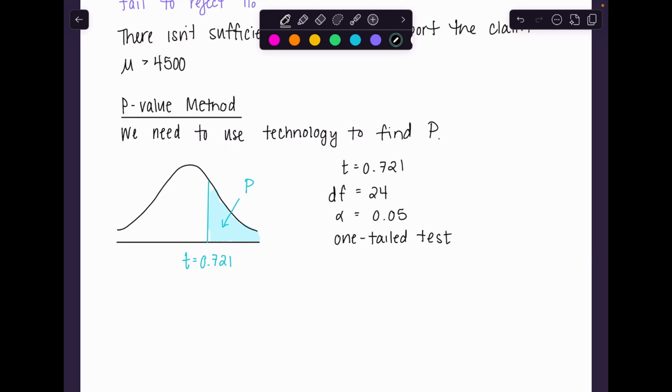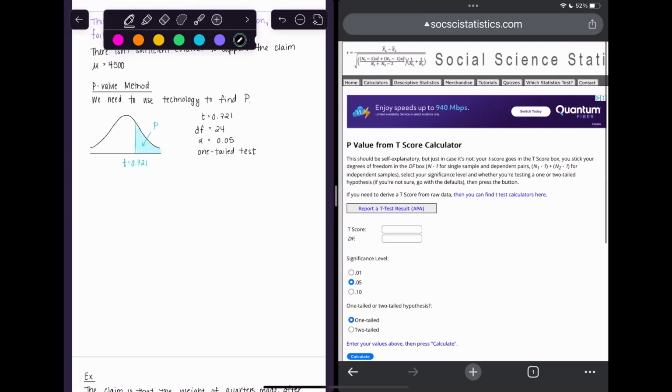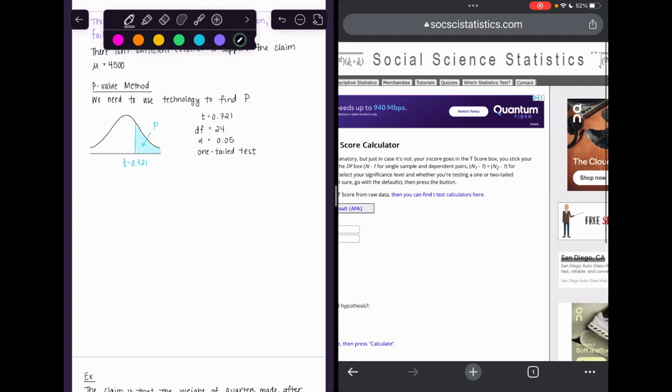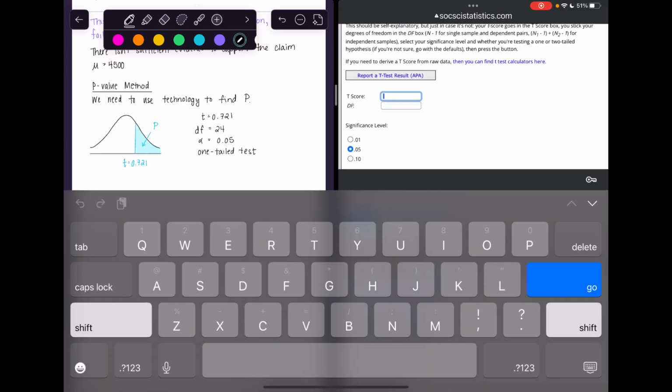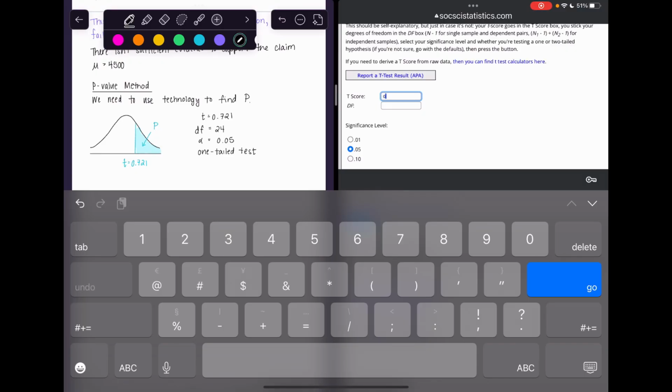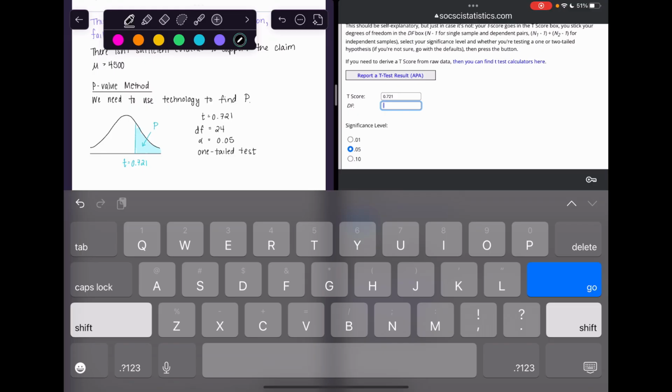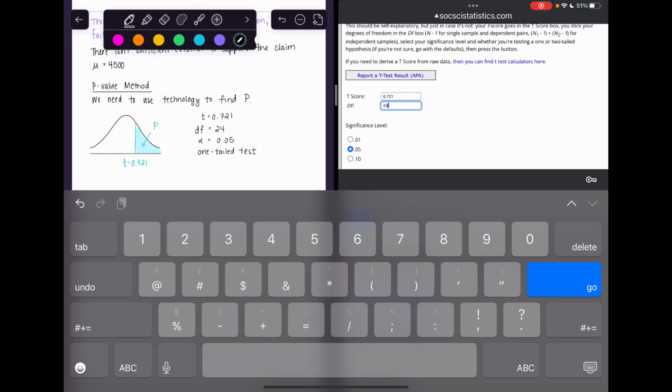So again, I will link one for you, but I do have one pulled up. So this particular calculator comes from the social science statistics, but again, you can just search p-value from t-distribution and you'll see a bunch of options. I like this one because you can just enter the t-score. In this case, it's 0.721. Our degrees of freedom is going to be 24.